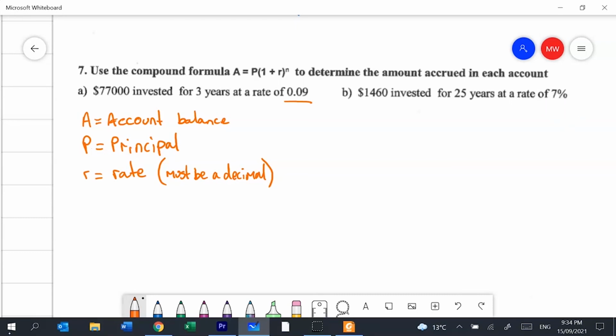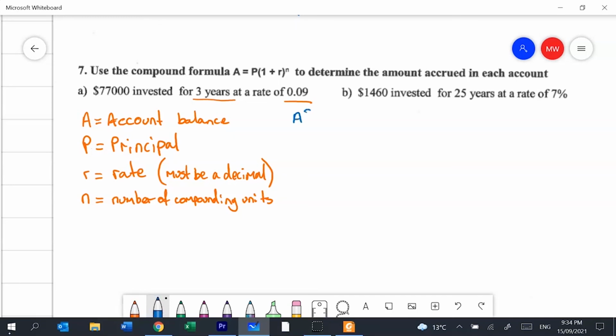All right, and then N is the number of compounding units. So basically it's time, okay? So we've got 3 years, so we're going to have 3 compounding units. So let's give these some values.